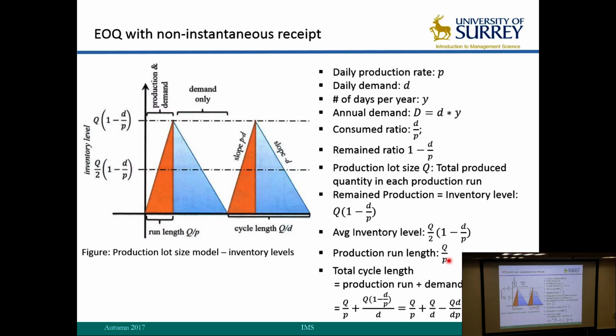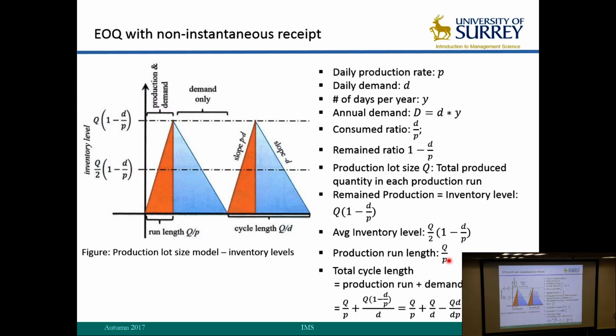So we only sell out, and we know the sellout rate is D. So every day, the market requires D. And what is the total quantity at this point? It is Q times the remained ratio. So this is the total quantity, and every day we sell D. So we use the total quantity divided by the everyday sales, so we can find out how many days we need. So finally, we find out this is Q divided by D.